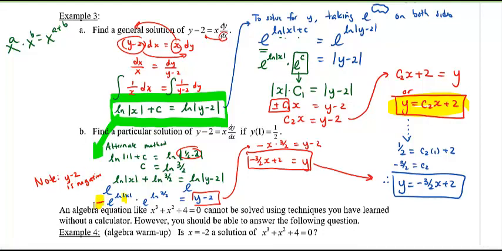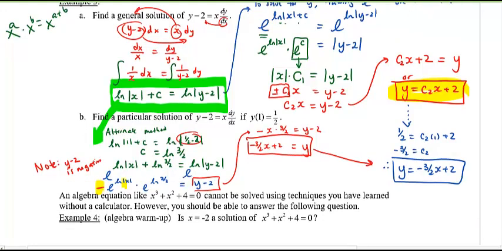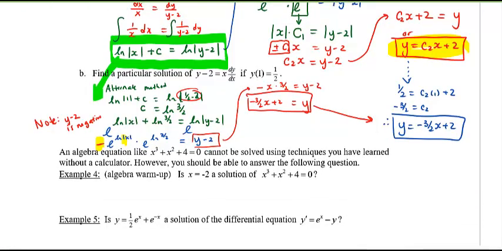Now, the last part of this lesson is talking about verifying equations. And you've done this before, right? If I gave you an algebraic equation like this, you might not be able to solve it algebraically, but you could answer this question: is x equal to negative 2 a solution? How would you do that? Well, you just plug it in and see if the right side is equal to 0.